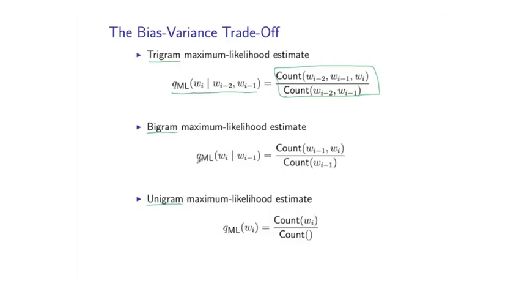So the bigram estimate, again we use Q sub ml, looks at a word wi and just the previous word wi minus 1. So this is an estimate which conditions only on the previous one word as opposed to the previous two words in the context. And again, this is simply defined as a ratio of counts. On the numerator, I have now a bigram count, and on the denominator, I have a unigram count.